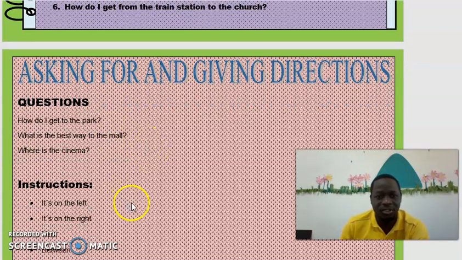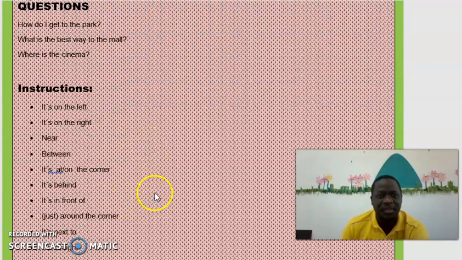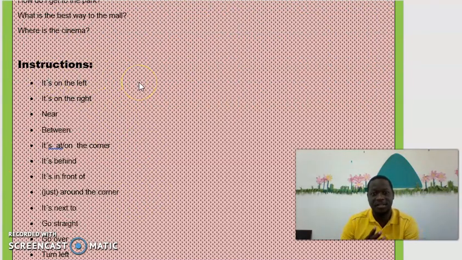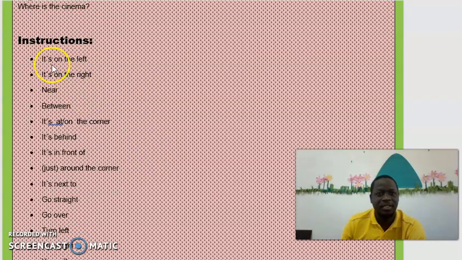So the instruction here is just the keys to what you're going to do in this worksheet. Number one, you can say it's on the left, it's on the right, it's near, it's between. These are things that I already taught you in the previous video.